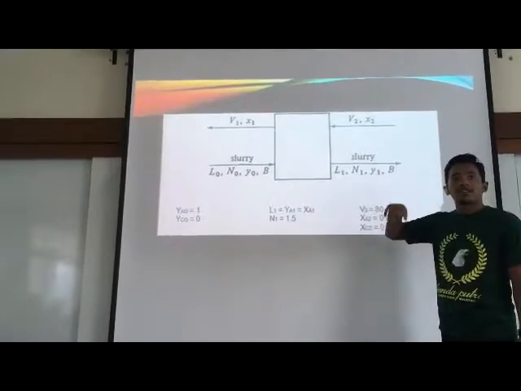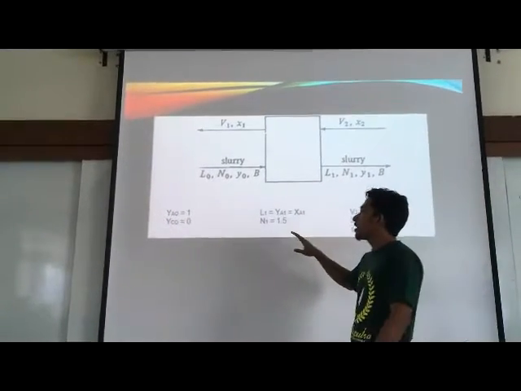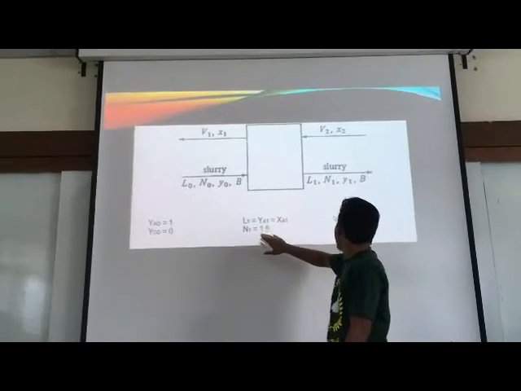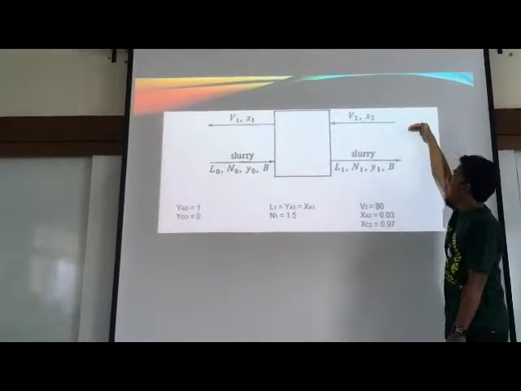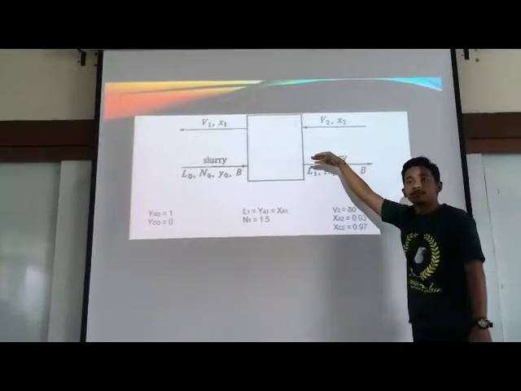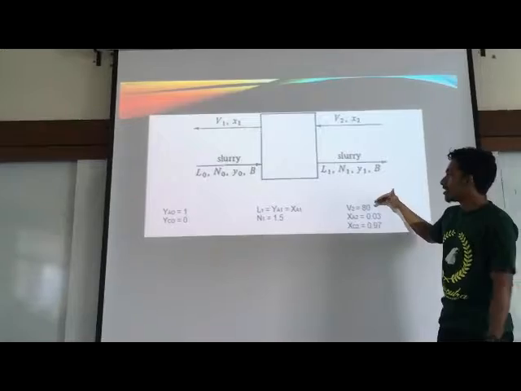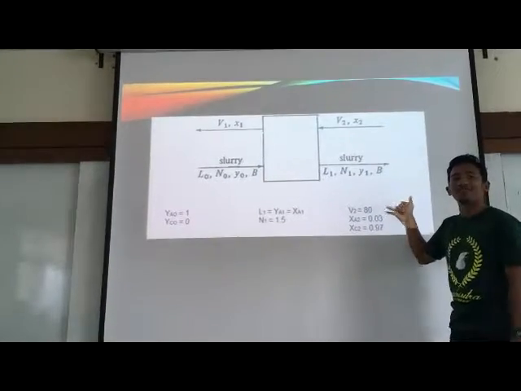Okay, as we have read from the question, we get the 80 kg. The 80 kg is the value for V2. Here, because V2 is the input, we get the 80 kg here.